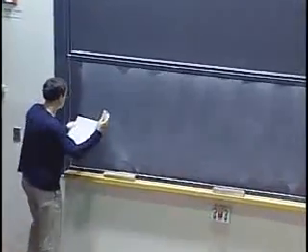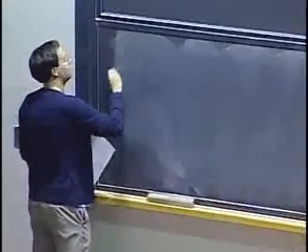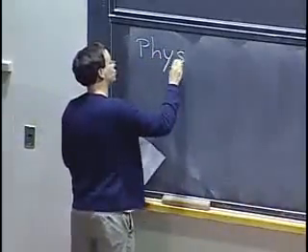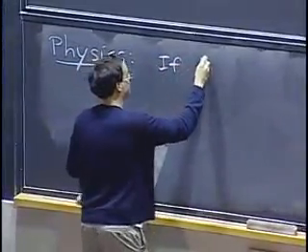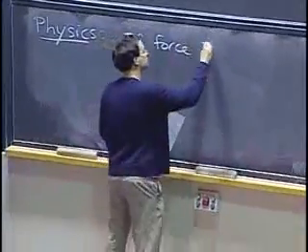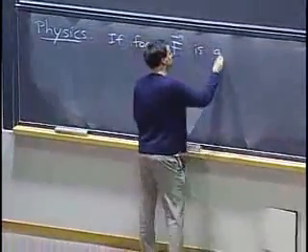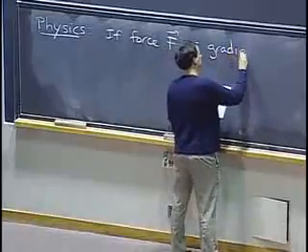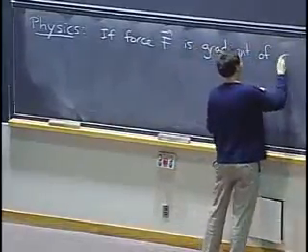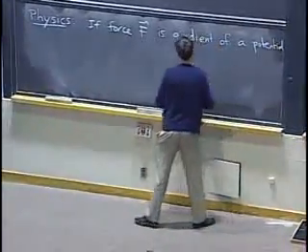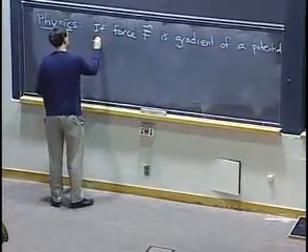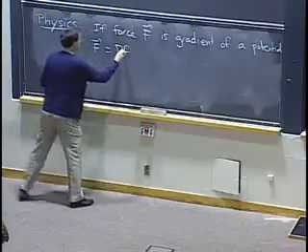Actually, let me first do 1 minute of physics. Let me just tell you again what's the physics in here. So if a force field is the gradient of a potential, so I'll still keep my plus sign.